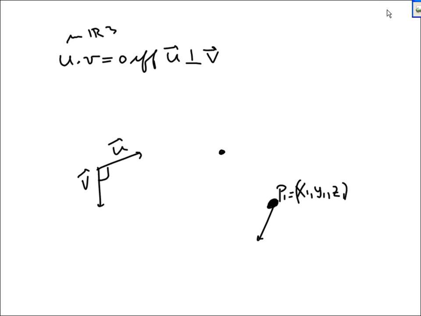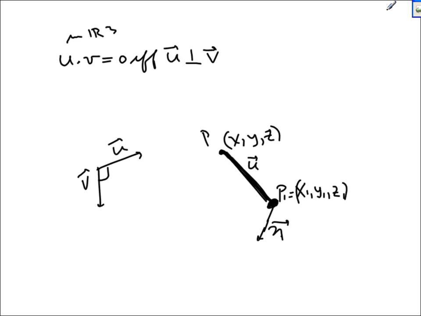Now, I take an arbitrary point, x, y, z. And the vector that's perpendicular to the plane is just a letter. It's called the vector n. Let's call this p. If we found the vector from p to p1, call that vector u.